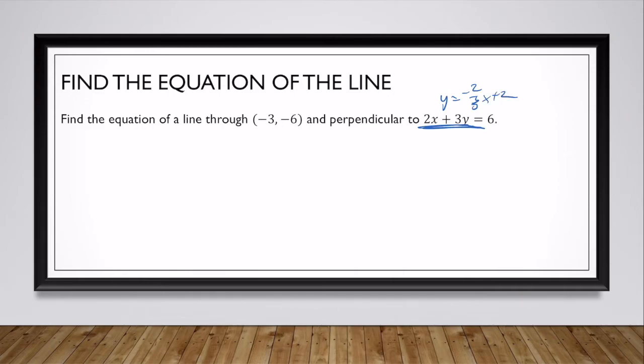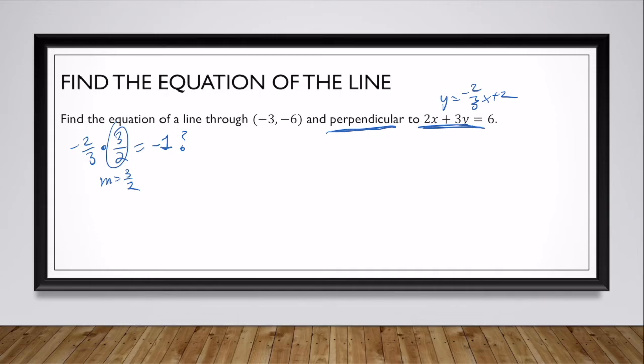Now, what do I know about lines that are perpendicular? When two lines are perpendicular, the product of their slopes is negative 1. So if I have negative 2/3 times what equals negative 1? Well, that's going to be a positive 3/2. So 3/2 would be our slope.